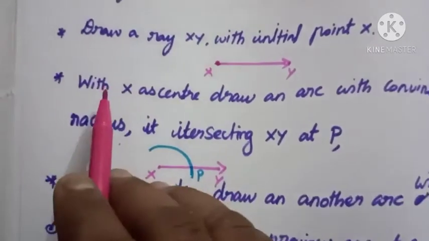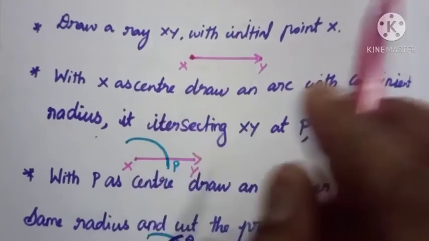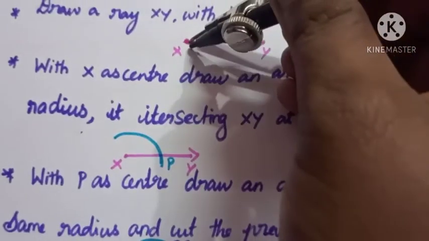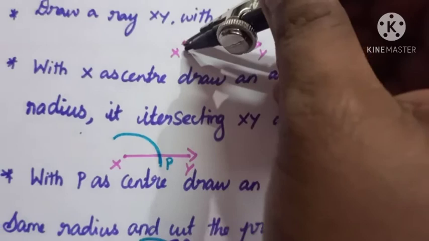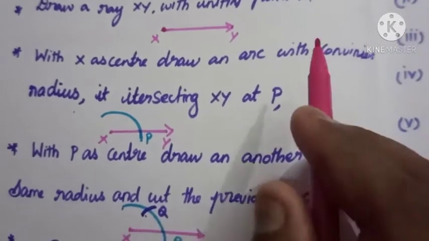And next, with X as center, you can keep the compass needle here as the center, with your convenient radius.